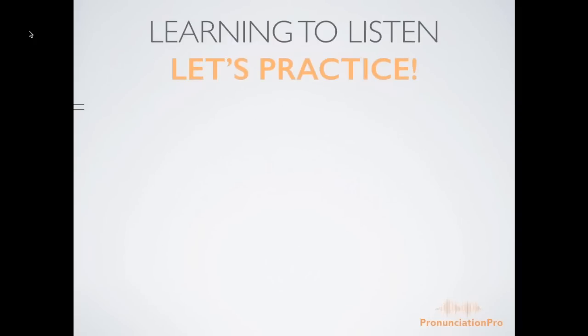All right, so learning to listen. Let's do some practice here. Here are just some simple words in English that we have the spelling of, but when you really listen to native English speakers, you're going to notice that the pronunciation is not exactly the way it's spelled, or sometimes it's not what you typically think it would be.